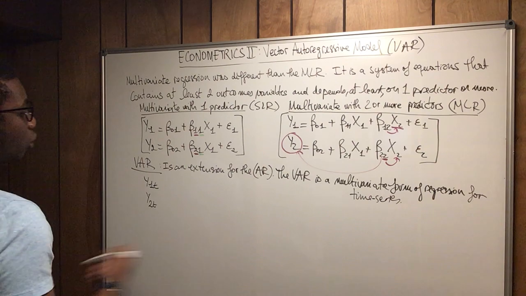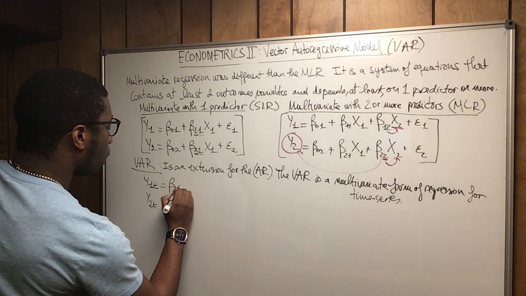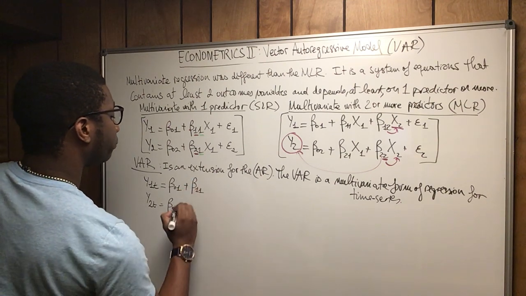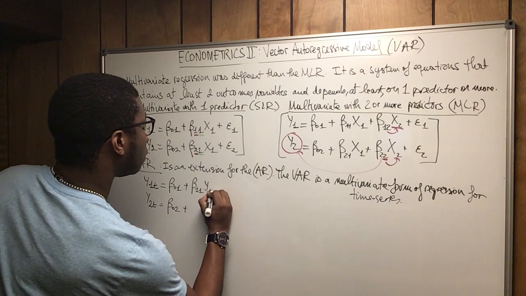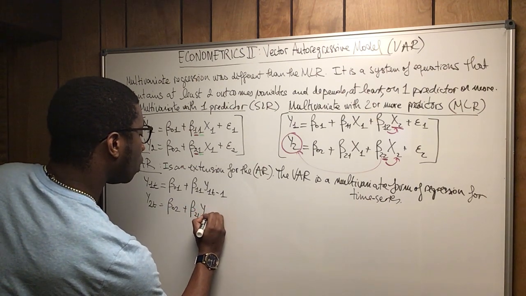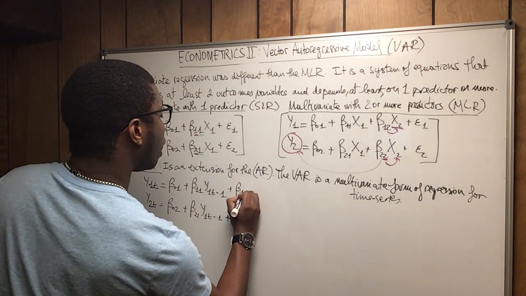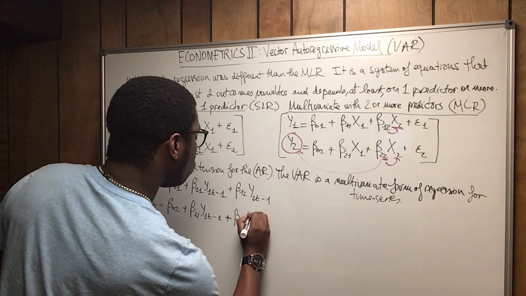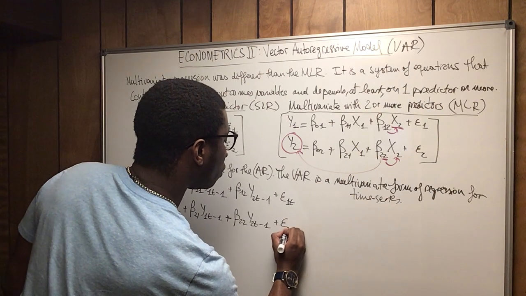Since we're dealing with at least two outcome variables, we run the model as the following: beta 0,1, beta 0,2, plus beta 11 y1 t minus 1, beta 21 y1 t minus 1, plus, I hope you follow me here, beta 12 y2 t minus 1, beta 22 y2 t minus 1, plus epsilon 1t plus epsilon 2t.